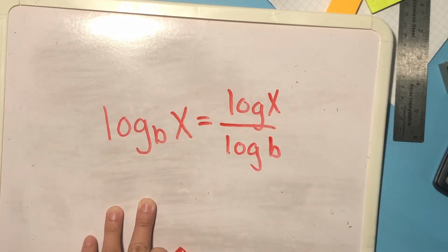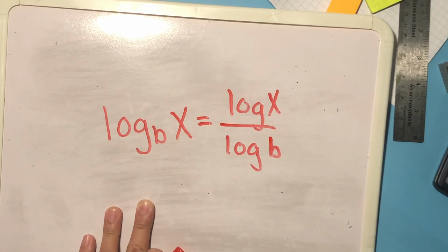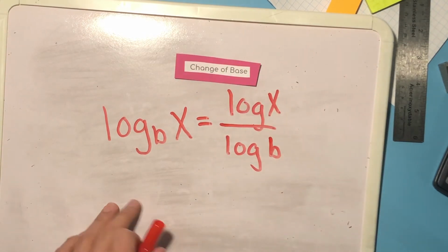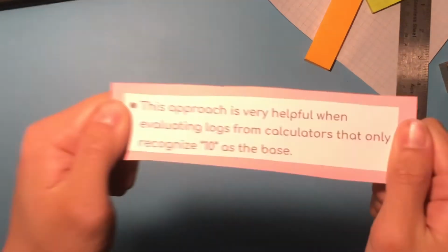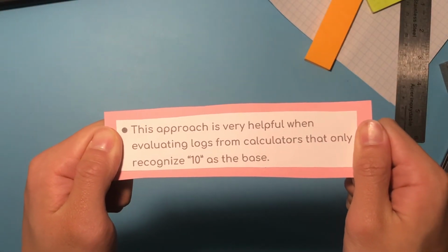Now, the base for log x and log b can be any number, and it helps to put a variable because it will cancel out. However, if it helps you to think, you may assume that the base is 10. This approach is very helpful when evaluating logs from calculators that only recognize 10 as the base.